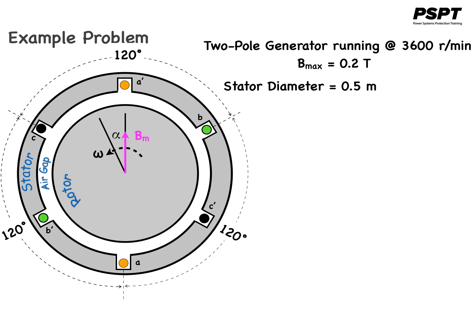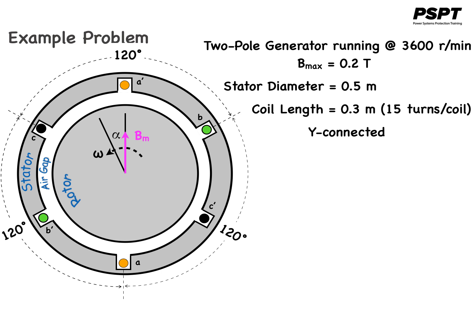The stator diameter of the machine is 0.5, or half a meter, and the coil length is 0.3 meters with 15 turns per coil. And we will assume that the machine is Y connected.